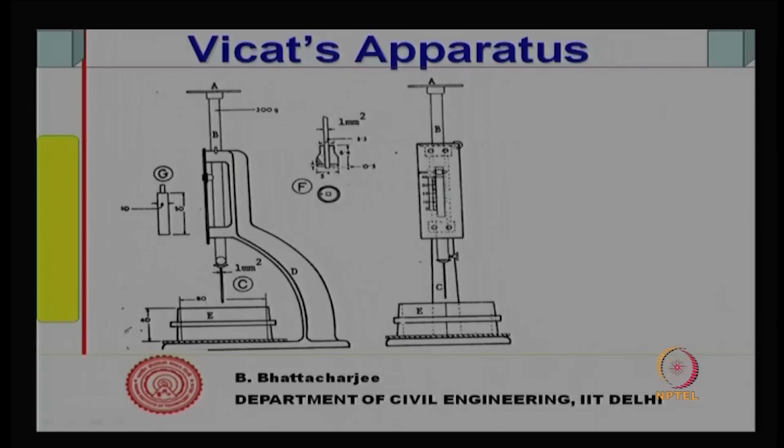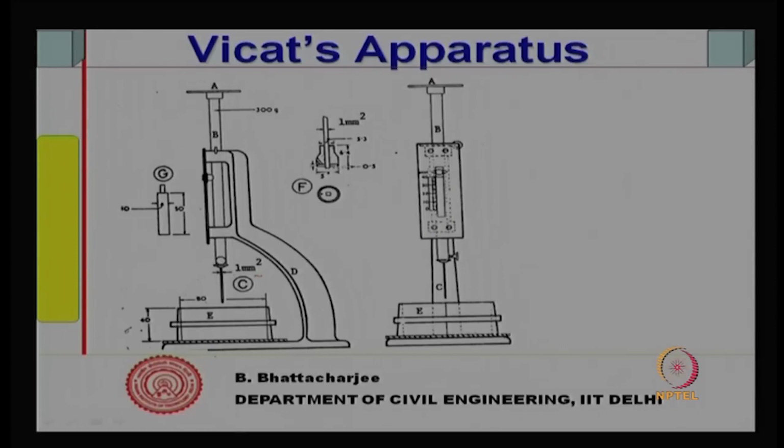Now, this apparatus has got, this is your cement paste in a mold. The mold dimensions are given, not very important for our class to look into. And you have got a needle, called Vicat needle. I mean more than one needle, in fact, you have first a 1 millimeter square needle, and then a needle plus a small plunger. The small needle 1 millimeter square, then a plunger of larger diameter, with a small gap between the tip of the needle and the plunger bottom, right.